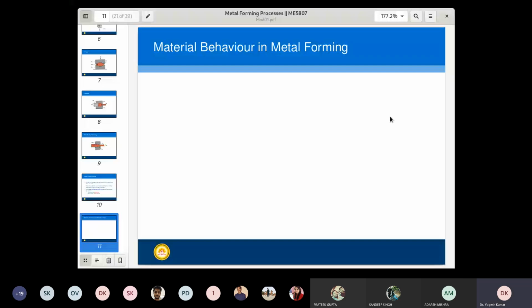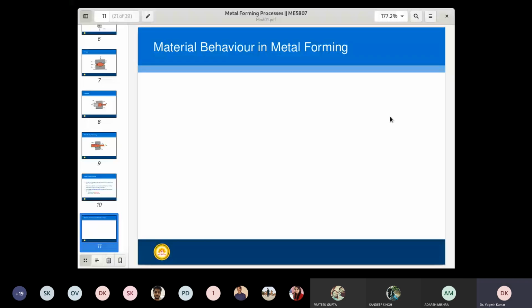The punch will move over the sheet surface, shearing stresses will be developed, and the required hole will be produced. This is how the material behaves in different loading conditions.